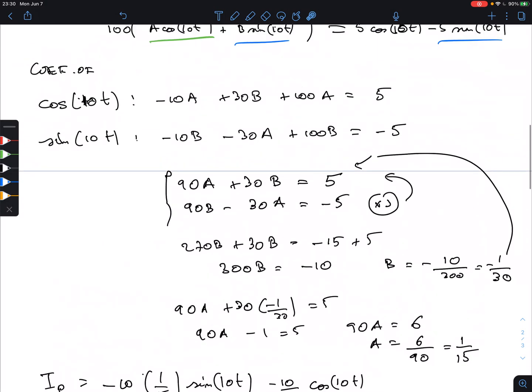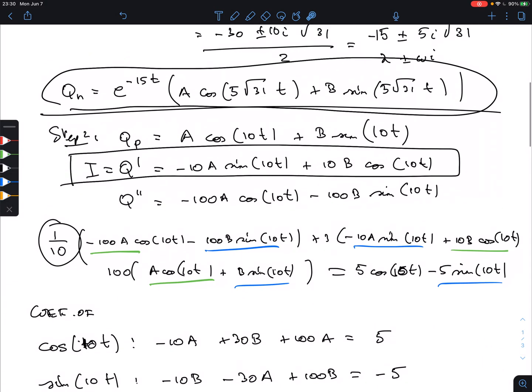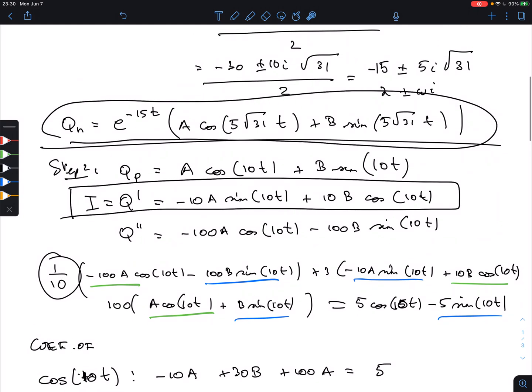Okay. So perhaps I should, remember, I just want to say, I'm not going to put it here, right? But if you would take the derivative of this thing, you would still have this e minus 15t here. And so in the limit, this would be 0 if t goes to infinity. That's why this is somehow a small effect on the circuit.